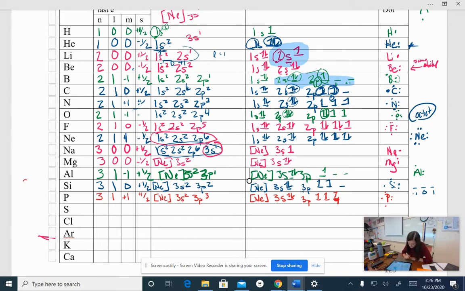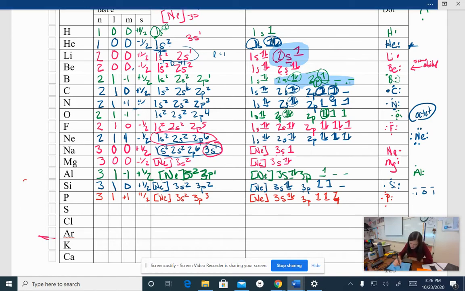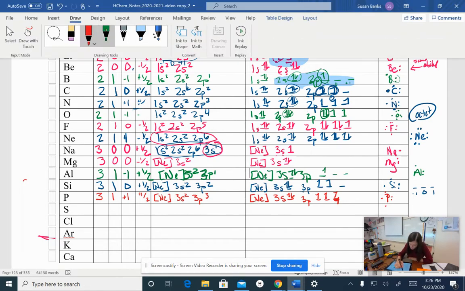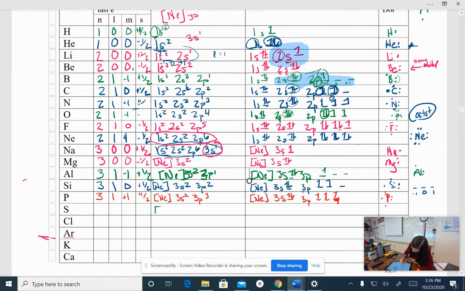Sulfur, I'm adding yet another electron. So when I do that, I'm going to have neon, 3s2, 3p4. So neon, for my orbital notation, 3s up and down, 3p up, up, up, and then that fourth one is going to need to go down.